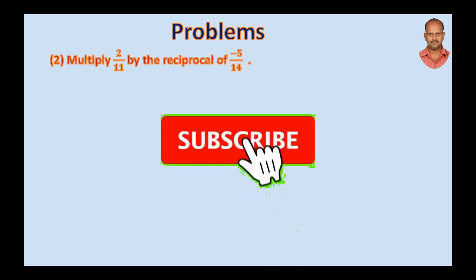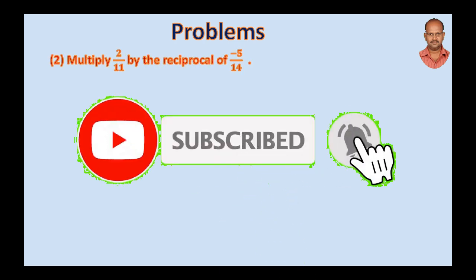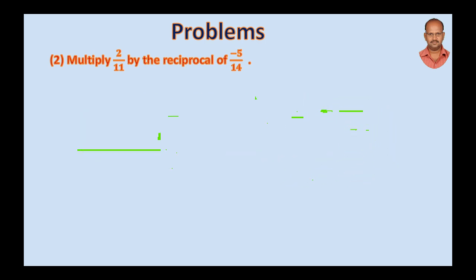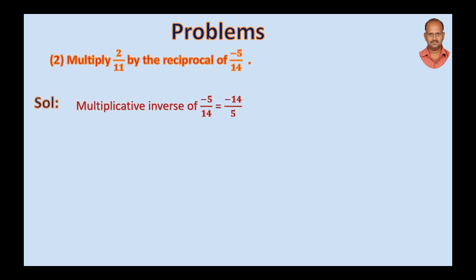Taking second problem. Multiply 2 by 11 by the reciprocal of minus 5 by 14. Solution. Multiplicative inverse of minus 5 by 14 is equal to minus 14 by 5.